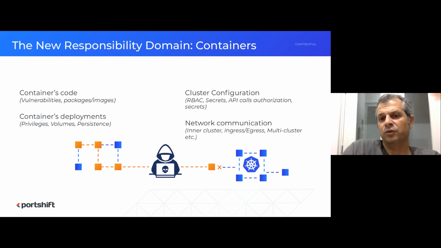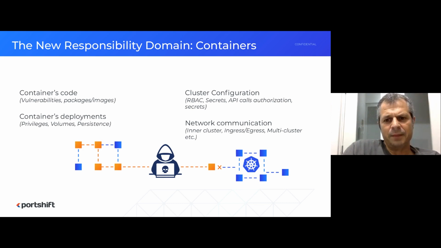Did I try to mount the host path and get the host file system as part of my container volumes? What am I trying to do with the host network? What am I trying to expose? And can I isolate my container from the host and perhaps apply some other tool, like SELinux or Seccomp, that can provide this isolation? So the deployment itself is also a critical piece in our security posture creation.